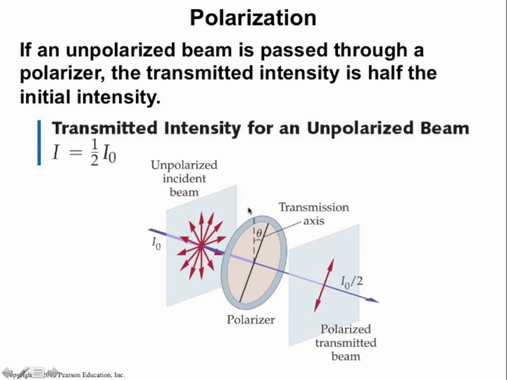Okay, so this theta, we call the transmission axis, is the angle that the polarizer makes with the vertical. Notice that unpolarized light comes through, and what passes through is the polarized transmitted beam, whose intensity is 1/2 of the original.